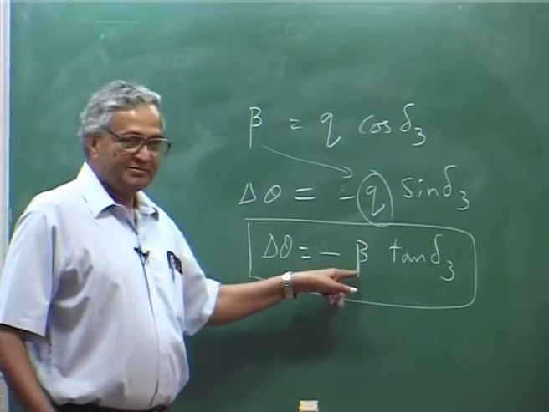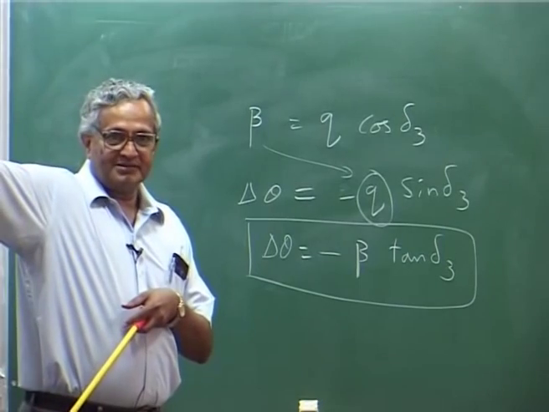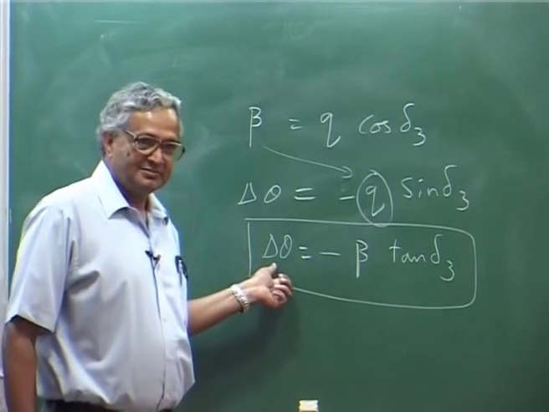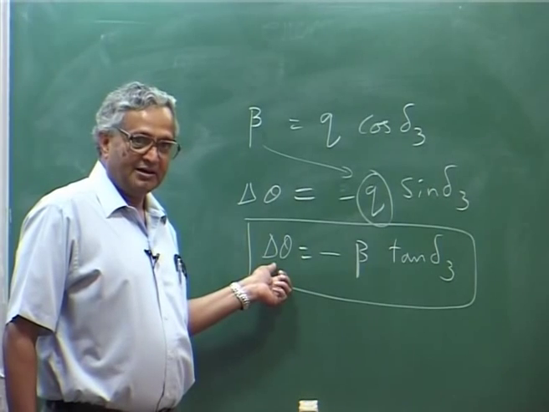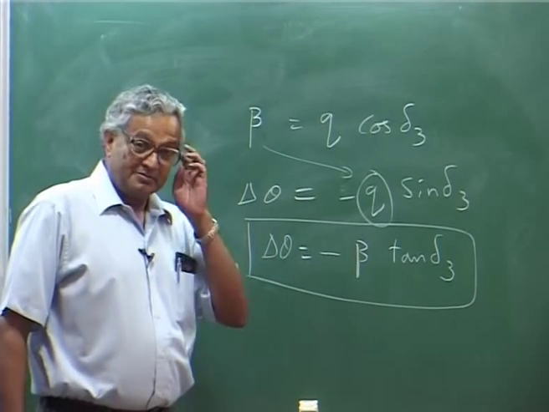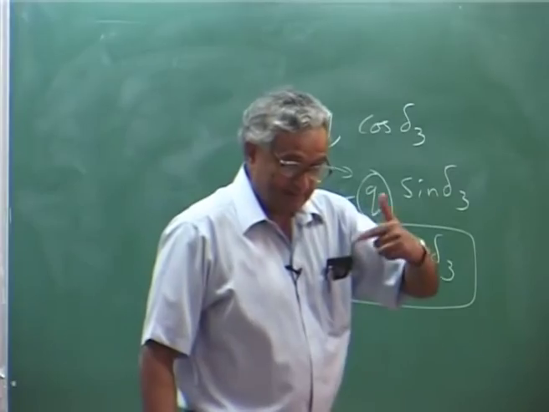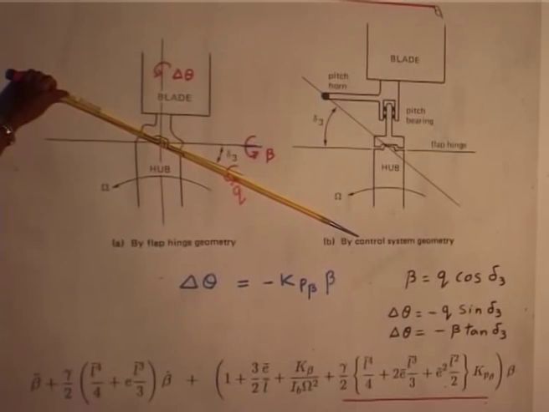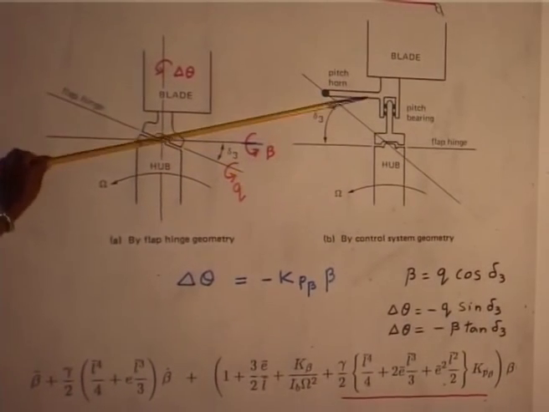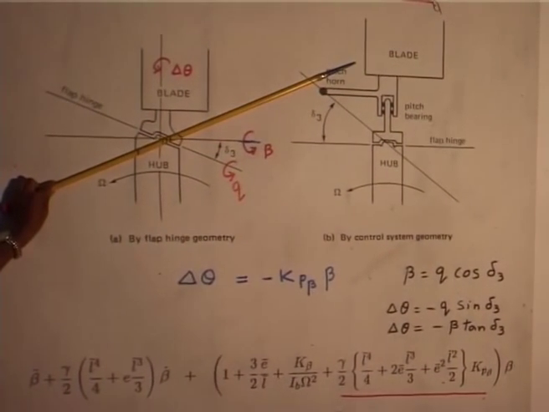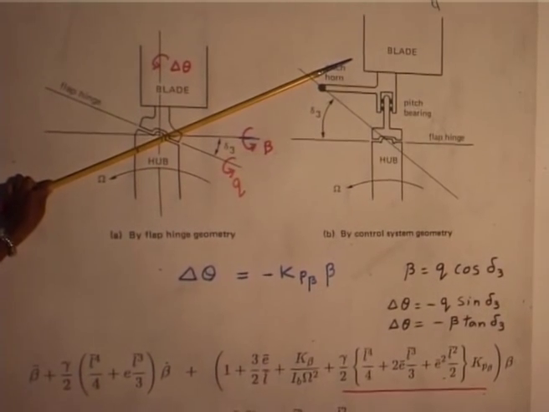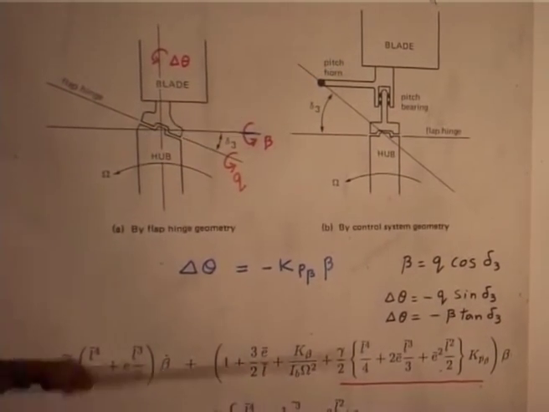Now, you see, whenever the blade is flapping, you have a change in the pitch angle. Now, depending on what direction this is, because it can be like this, it can be like this also. If it is like this, then when it flaps up, pitch angle will increase.